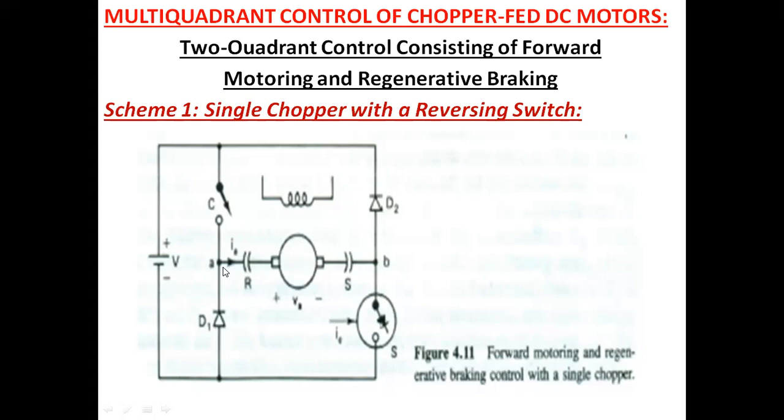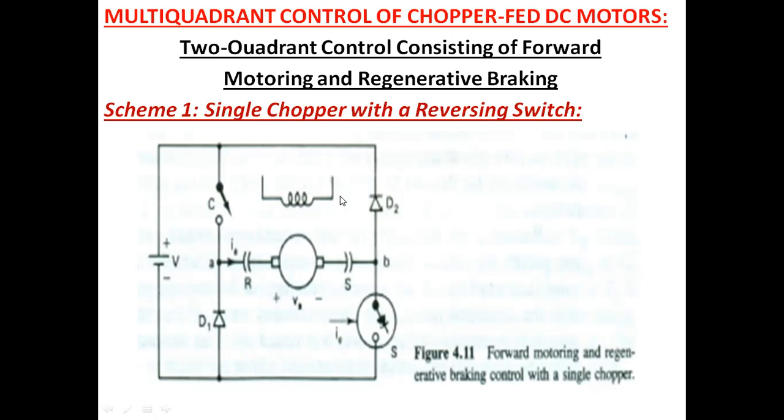During the on period of the switch S, the motor current will flow through the path consisting of the motor armature, switch S, and diode D1, and increases the energy stored in the armature circuit inductance.